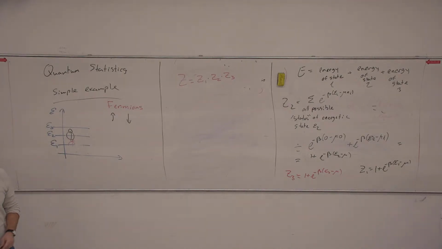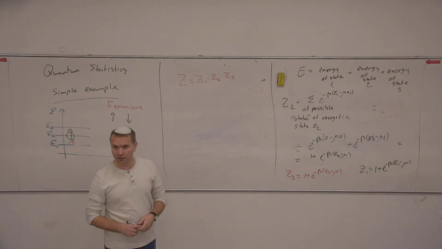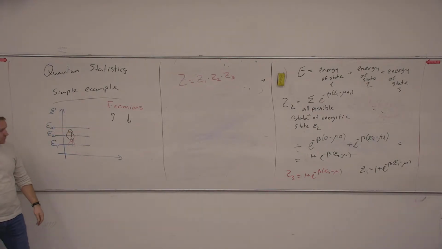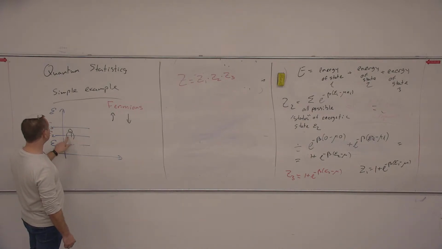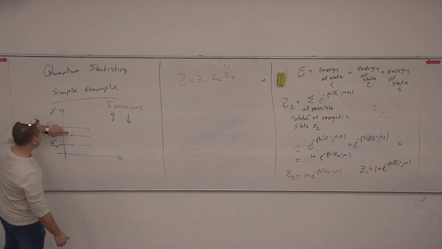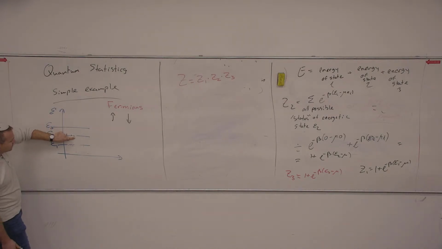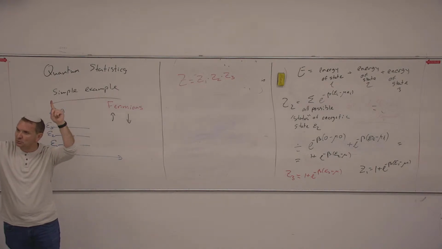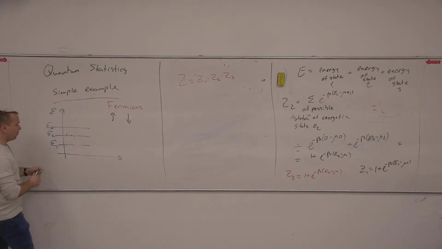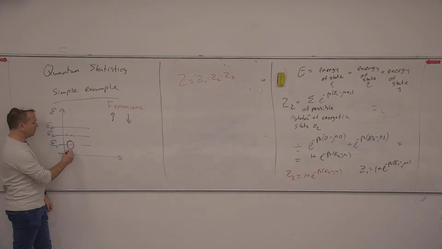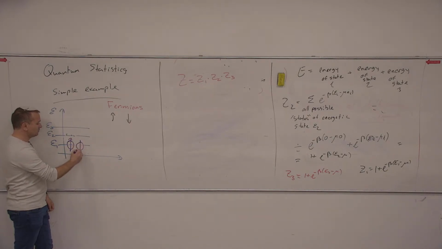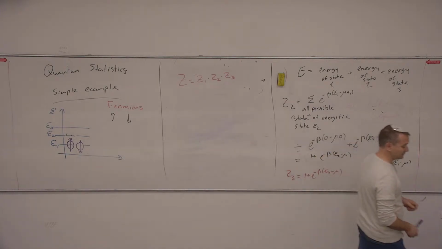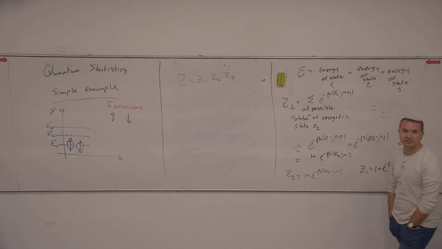Now, if we don't have an external magnetic field, we have degeneracy, right? The Pauli exclusion principle does not allow two identical particles to occupy exactly the same state, but different spins means we have different states. So the Pauli exclusion principle allows this: two particles can occupy the same state, they just have different spins.